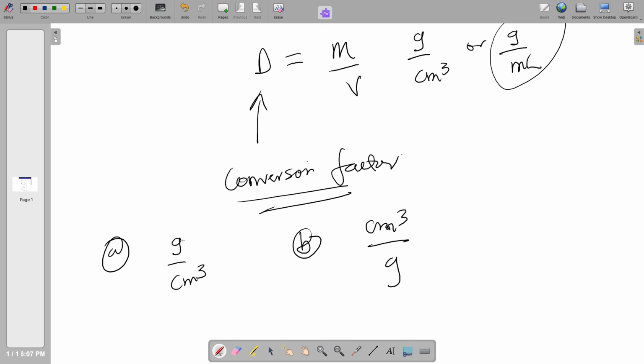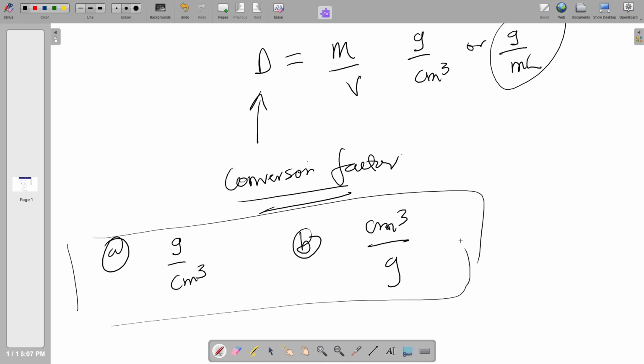The first one is gram per cubic centimeter, and the second one is just a flip of the first. It's just manipulating your units such that you'll be able to calculate what you are asked to calculate for. Once you understand that density is a derived unit, you don't have to always use algebra to rearrange the equation. Okay, so we'll go into how to apply the density formula to solve some problems.